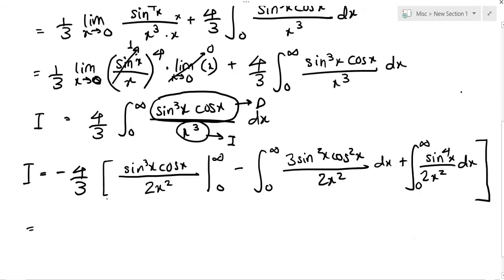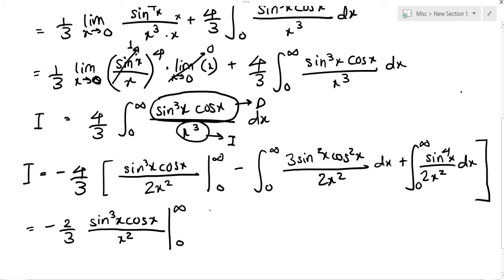Well, why don't we clean up everything? Why don't we pull out a 2 from all these terms and cancel with this 4? So we have negative 2/3 now of sine cubed of x times cosine of x divided by x squared evaluated from 0 to infinity, minus and minus will make this a positive. So we have a 2 over 3, and then that 3 cancels out with this 3.